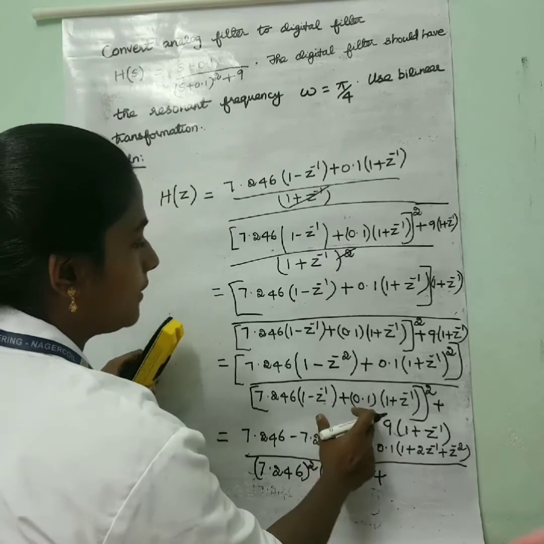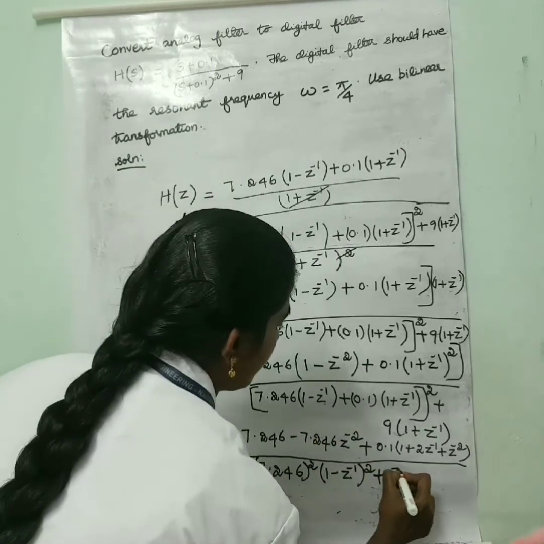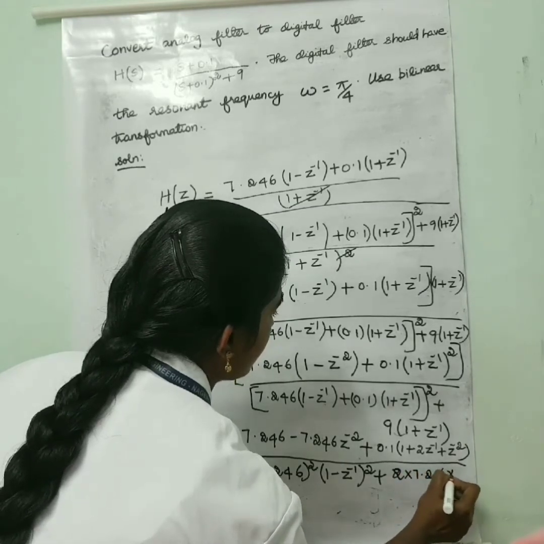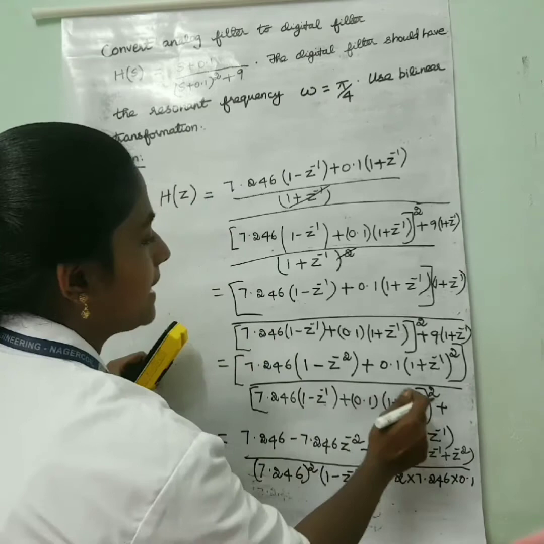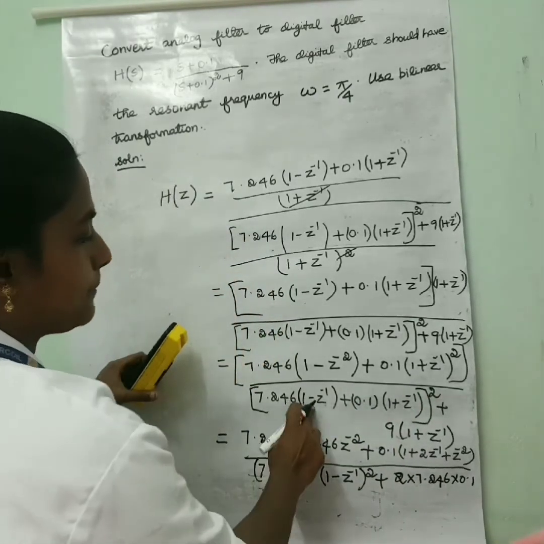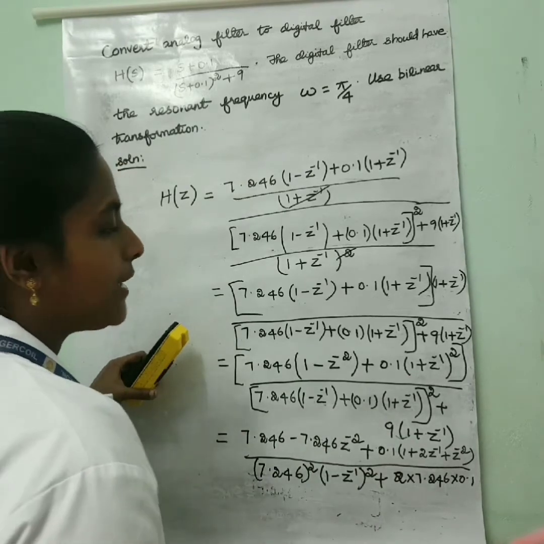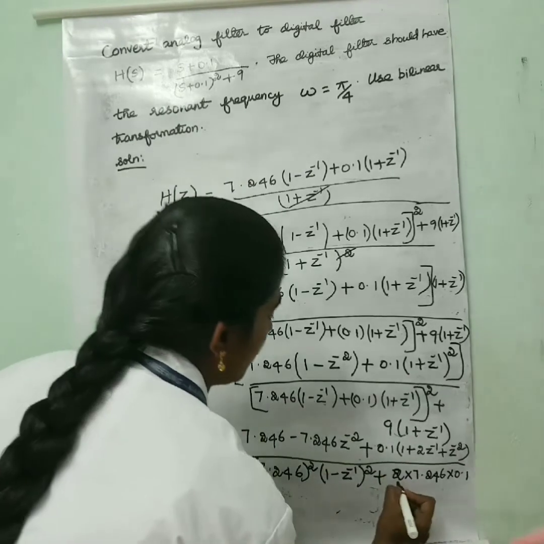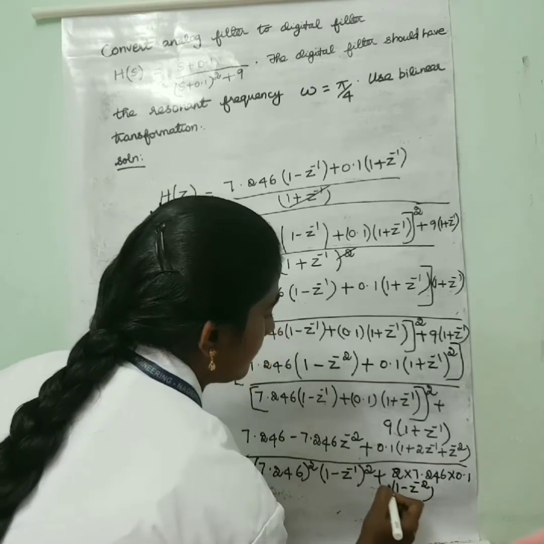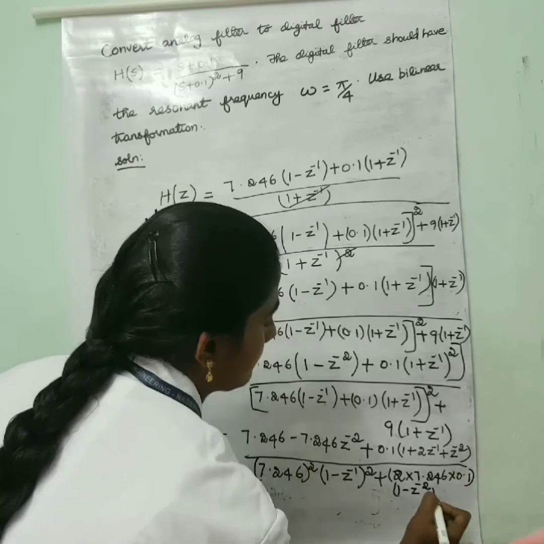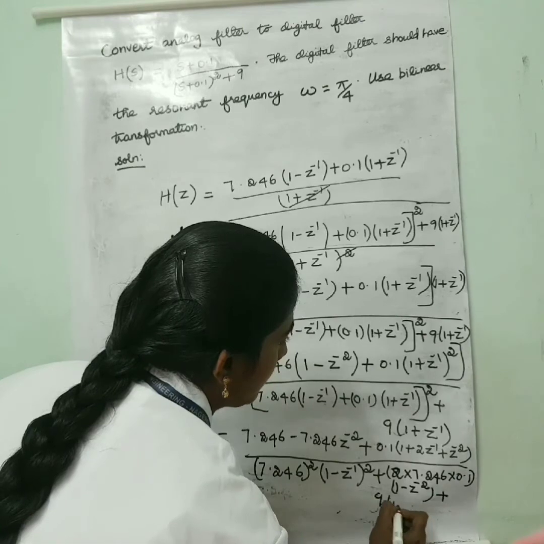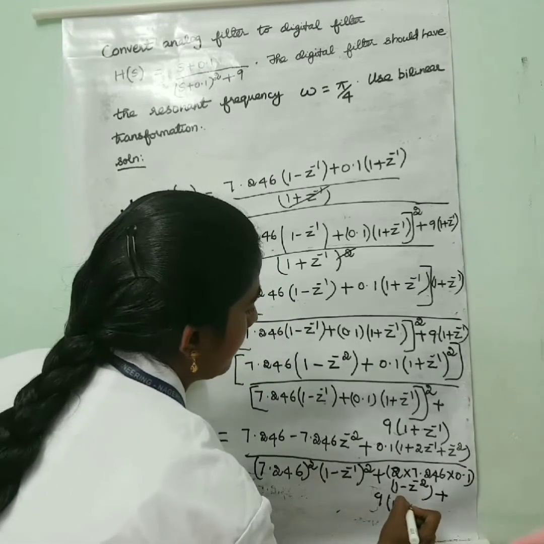So you will get 7.246 into 0.1. When you are multiplying these two terms, you will get (a plus b) into (a minus b) is a square minus b square. So you will get 1 minus z power minus 2.